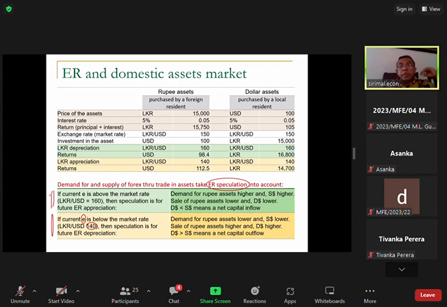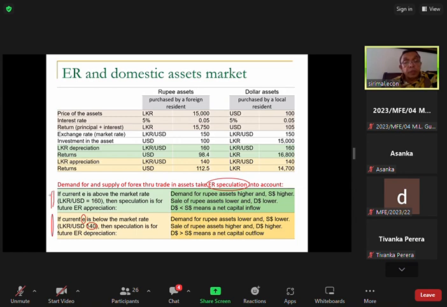In other words, it means the current exchange rate is overvalued. If you think that the rupee-dollar exchange rate, now trading at 320, is somehow, for whatever reason, overvalued, and that during the maturity period of 1 year it should depreciate in the future to 400 rupees, what will happen?